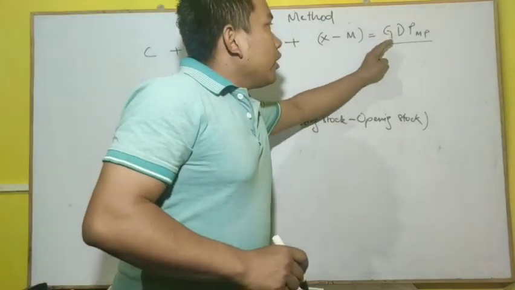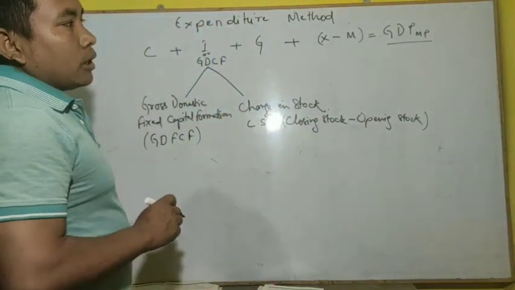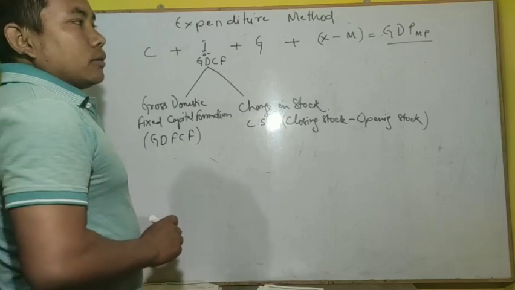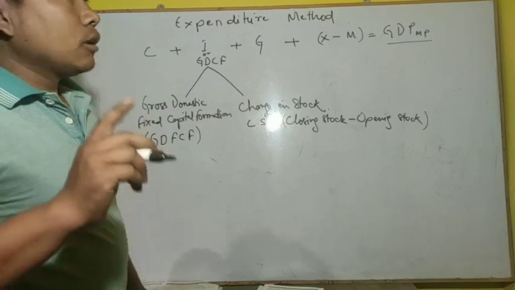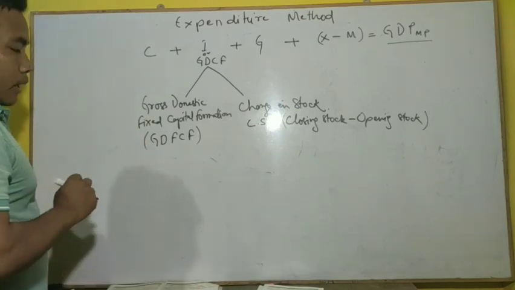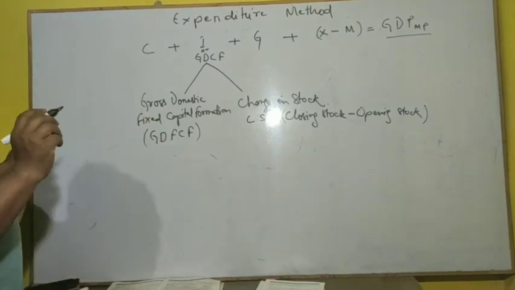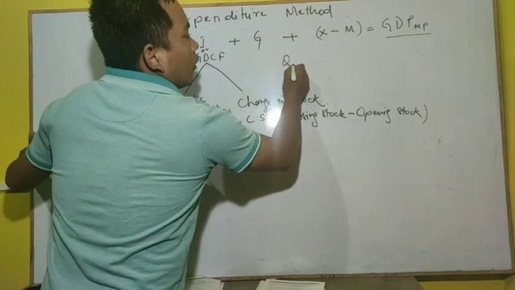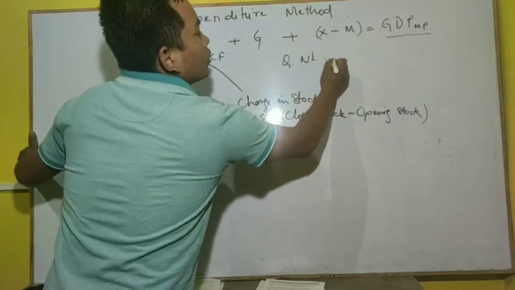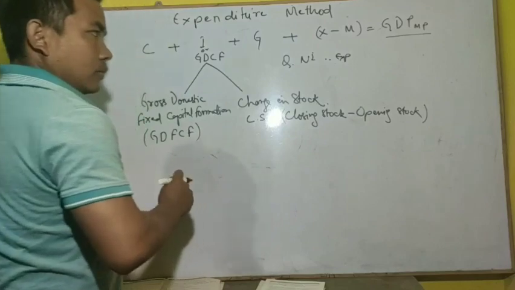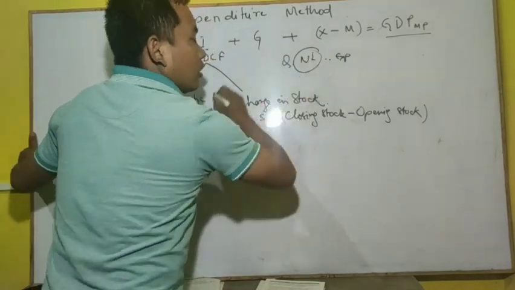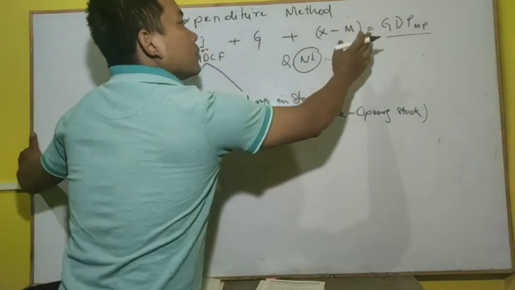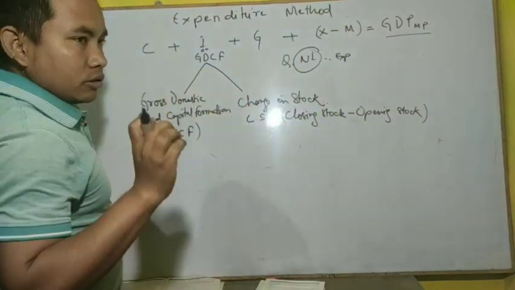So once you are able to find this gross domestic product at market price, then you have to go to the next step. Why is that? In examination, if the question asks you to find national income using expenditure method, then this gross domestic product at market price is one form of national income.